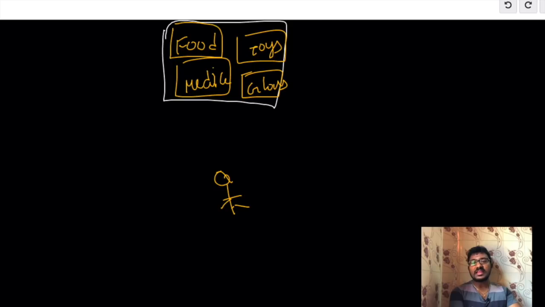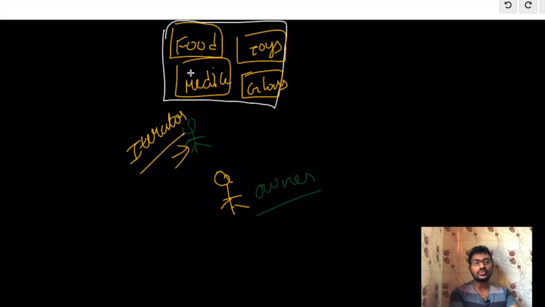Here there is an intermediate person who will unload the container's packages and deliver those packages to the owner. He is the iterator. He will access each package and give that package to the owner.